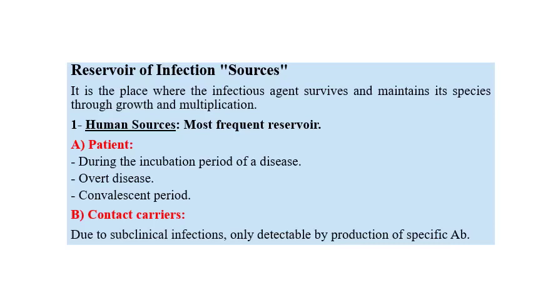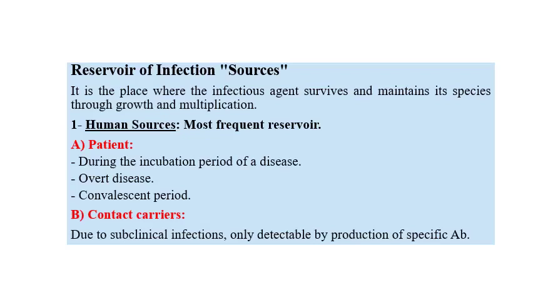Now we want to know the reservoir of infection, or we can say the source where we get the infection. In definition, it is the place where the infectious agent survives and maintains its species through growth and multiplication. The most frequent reservoir is the human sources, and the human can be a patient.